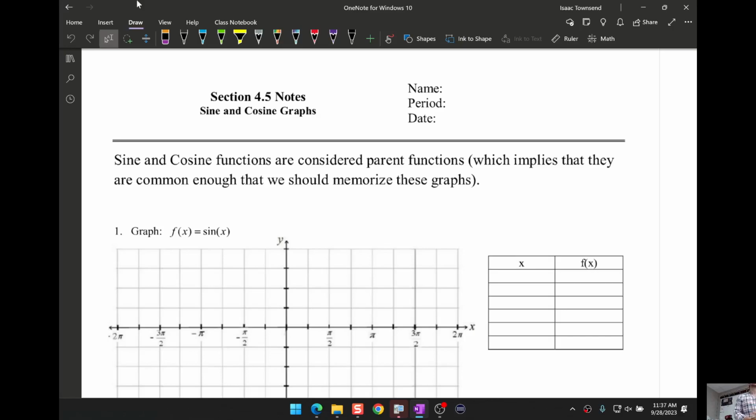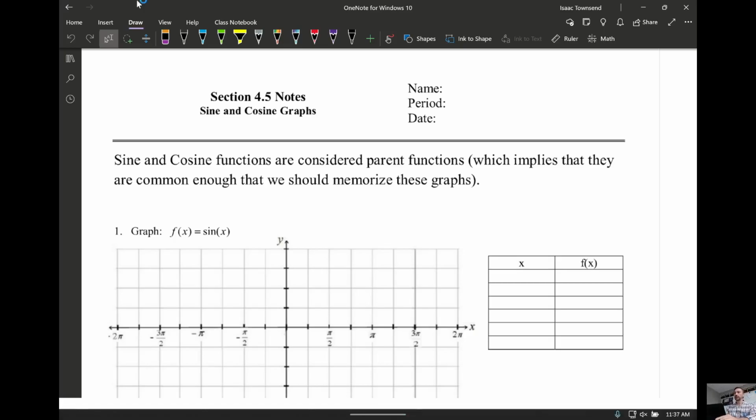It's not always the same 2 things, but one of the other 2 trig questions on the ACT is usually stuff about sine and cosine graphs. So in fact tomorrow I've got a handout for you that has like 5 practice questions that came from ACT practice. So let's go ahead and dive into it.